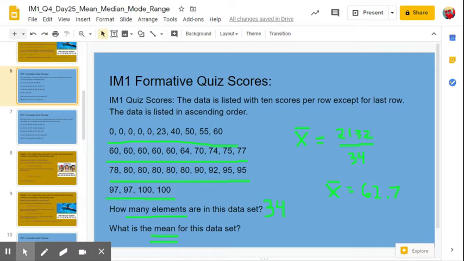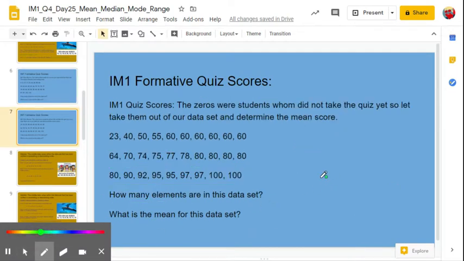That's going to represent the mean. And so that equals 2,132, which was the sum of the 34 numbers here. And then I divide by the 34. So our mean is 62.7. 62.7 is our average test score in this quiz, and I am 1. It's a little low. Okay.